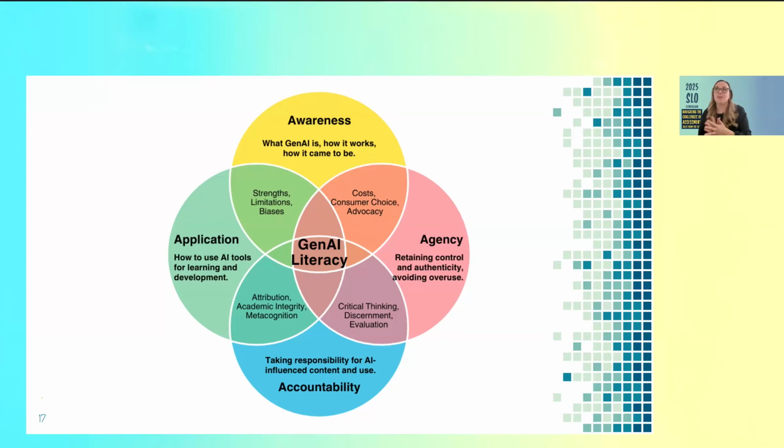One thing that I think is really important between agency and awareness is recognizing that students should be aware of the costs of generative AI, not just the social and environmental costs, but also other costs to their learning, to their thinking, and be able to practice consumer choice. So one thing that we discuss is the fact that these students have agency in voting with their feet, so to speak.